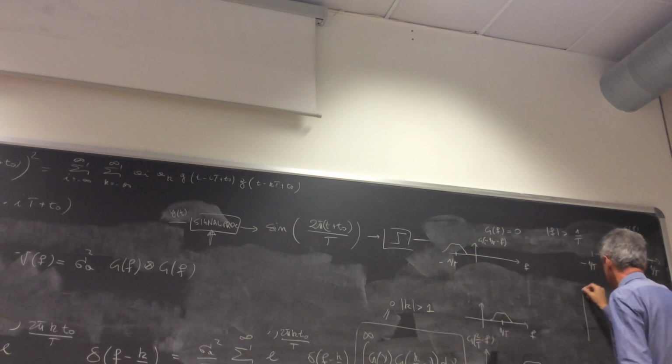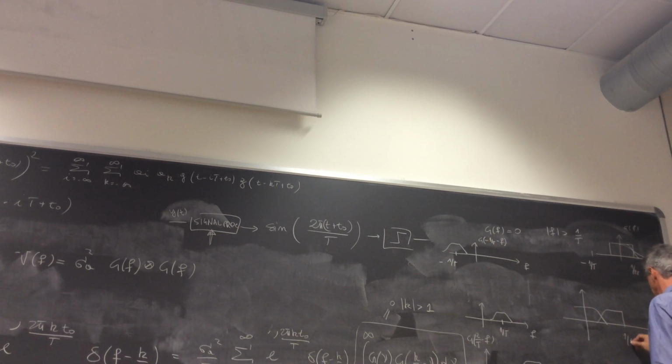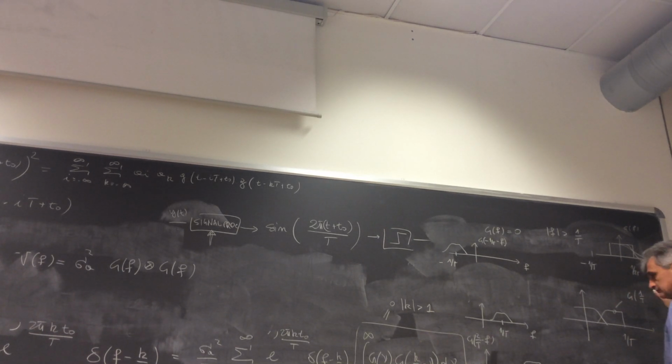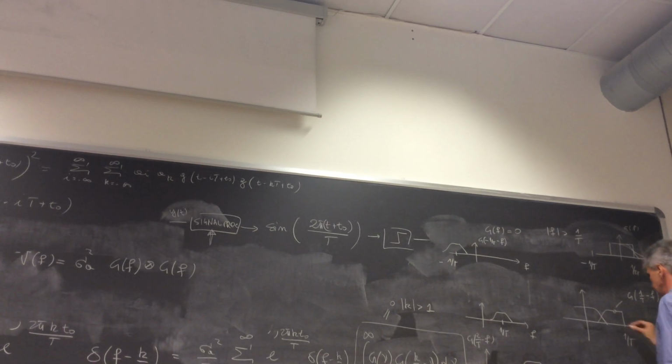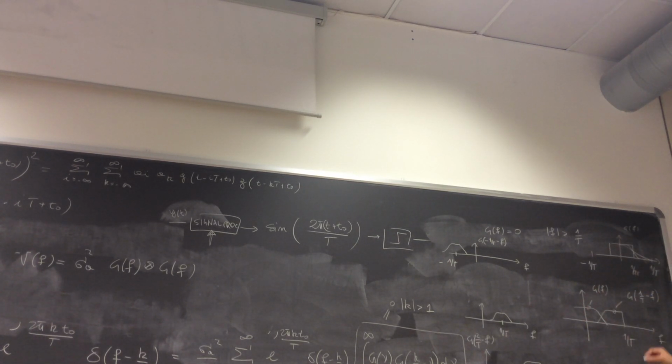I draw another picture where I can highlight g of 1 over t minus f, and this will be g of f. Like this. Okay?